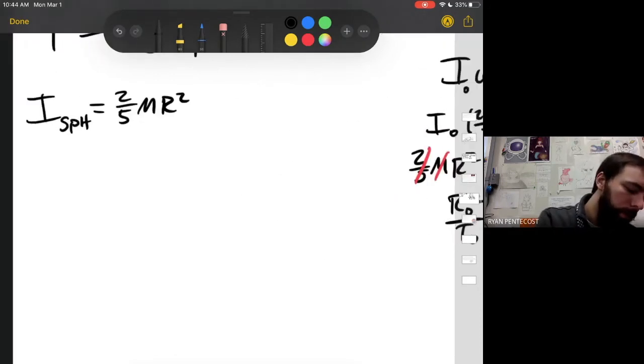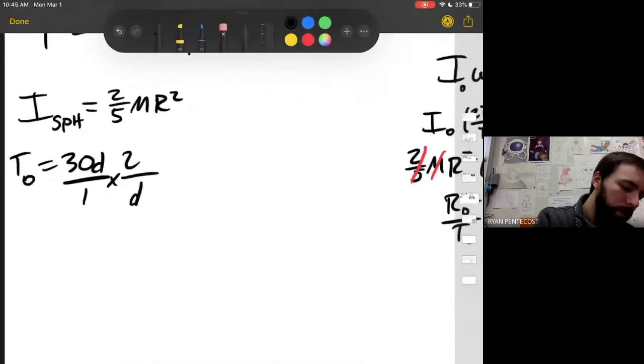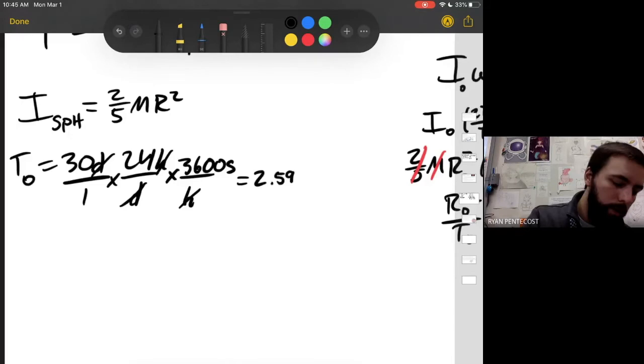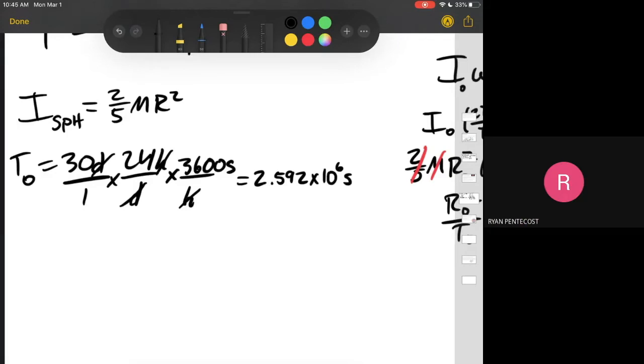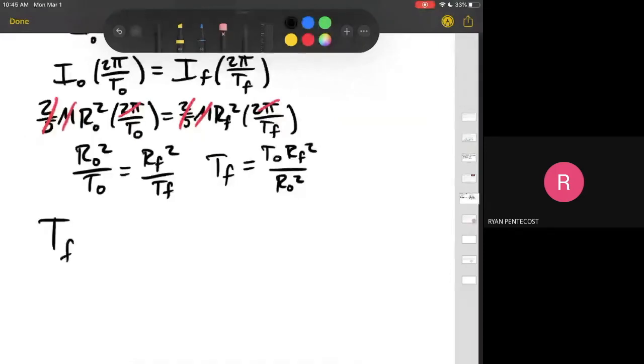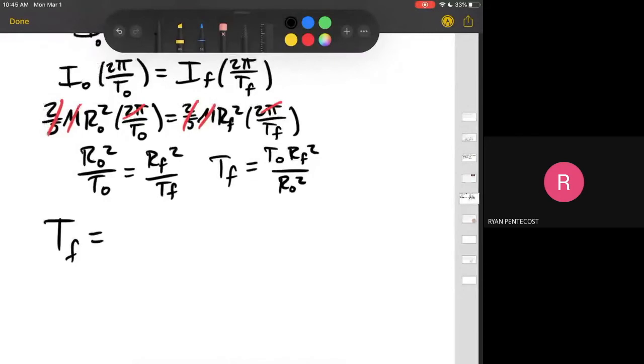T initial is 30 days. 1 day is 24 hours, and 1 hour is 3,600 seconds. When you put that in your calculator, you get 2.592 times 10 to the 6th seconds. So we have that for our T initial.